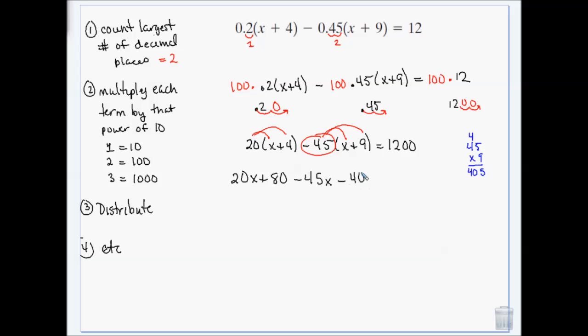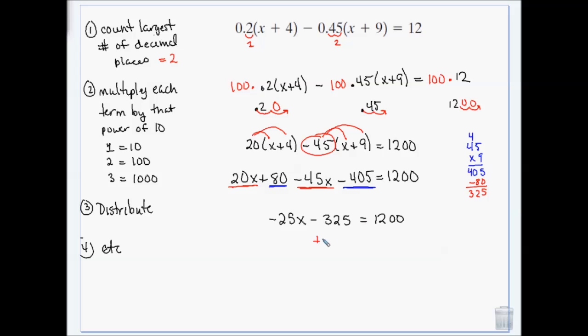So minus 405 is equal to 1200. 20x minus 45x is negative 25x. And 80 minus 405, well, is negative 325 is equal to 1200.